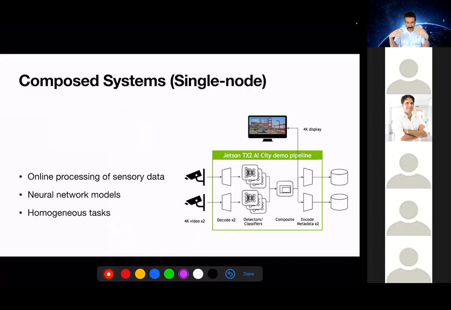To clarify, for example, we might have different types of systems. And the more interesting types of systems are composed systems, where we have multiple different nodes, which could also be deployed on even a single node. Imagine that we have a camera that captures what's going on in the world, installed on top of a parking place, right?